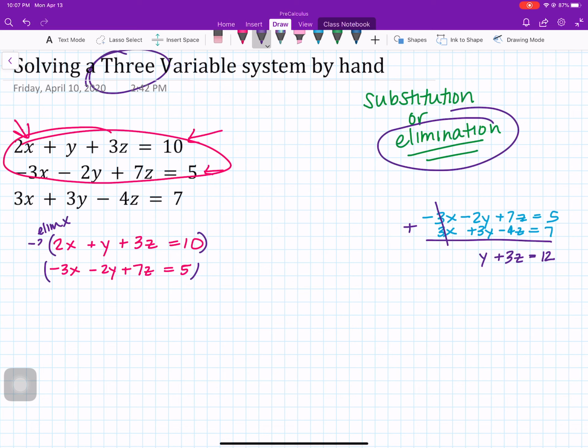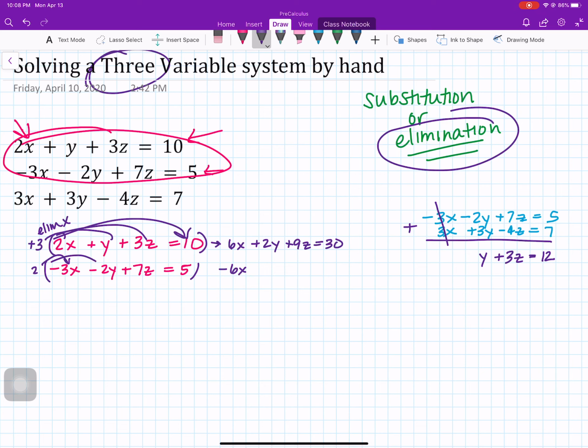I would multiply this top one by a 3 and the bottom one by a 2. They already have opposite signs, so that makes life a little bit easier. So this makes 6x plus 2y plus 9z equals 30. Again, a common mistake is that people don't multiply the final number there. So just make sure you watch yourself.